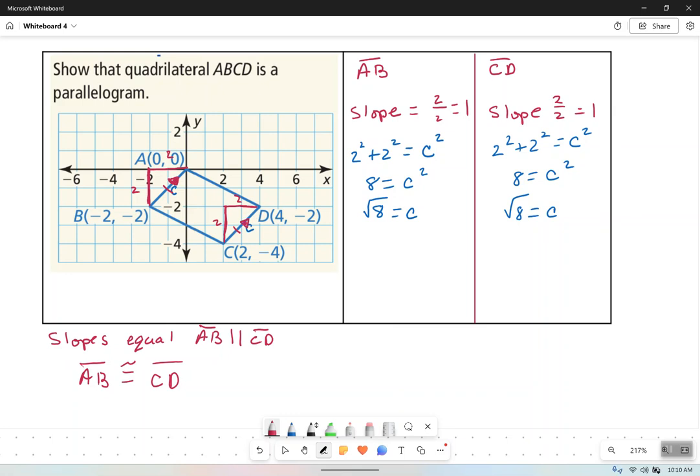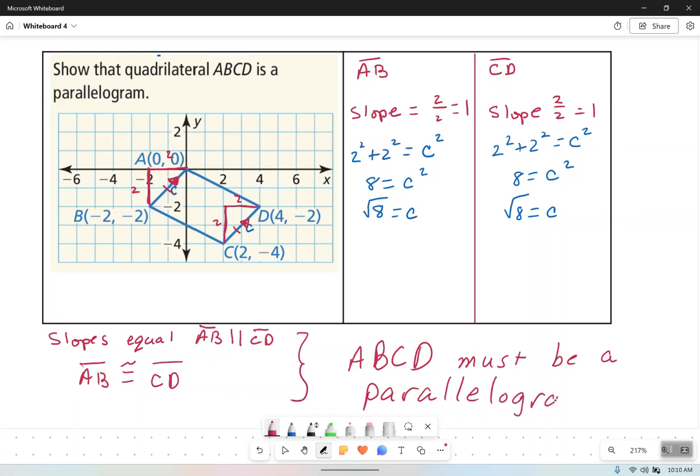If they're equal and they're parallel, then what kind of shape does this have to be? Okay, so I'm going to say, since you have these two conditions, then ABCD must be a what? Say it loud. Must be a parallelogram. Okay, ABCD must be a parallelogram.